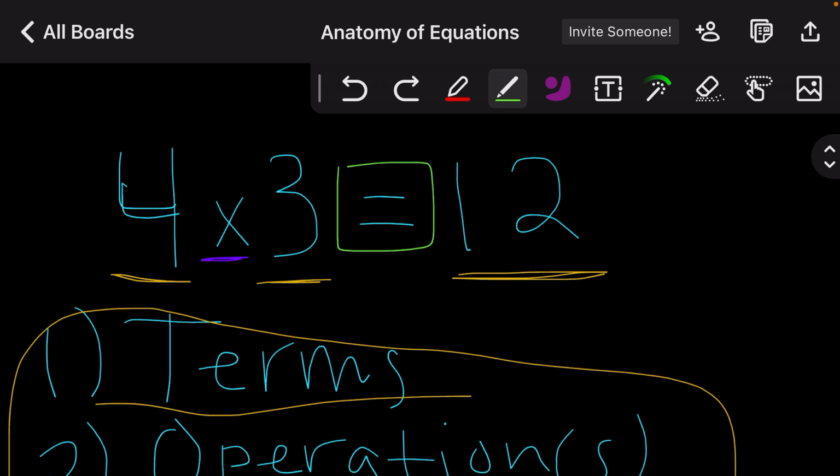It qualifies better as a symbol. And now that we have identified the anatomy of this particular equation, we are slightly more equipped to break down more complex equations. And so let's do that now.